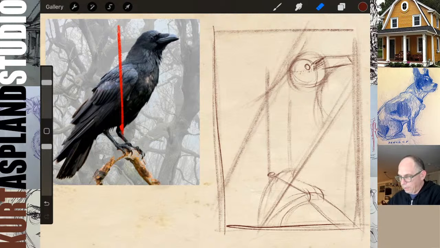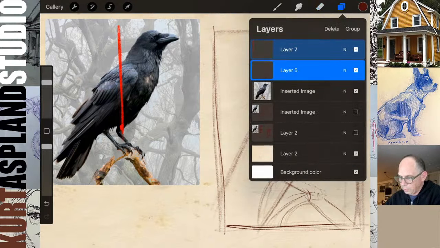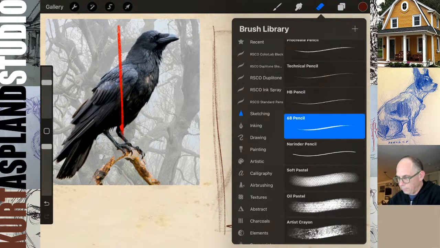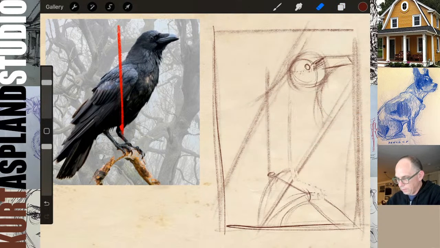So I'm going to get rid of this altogether here. This is where you might have to make a similar adjustment in yours. Okay, so if this is that vertical line, look at that.